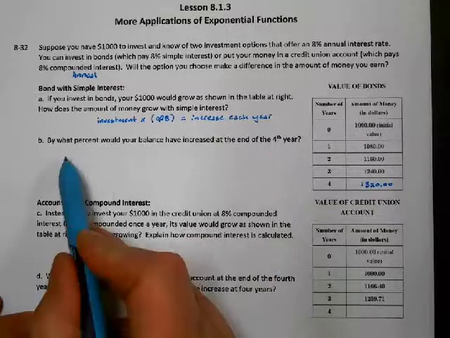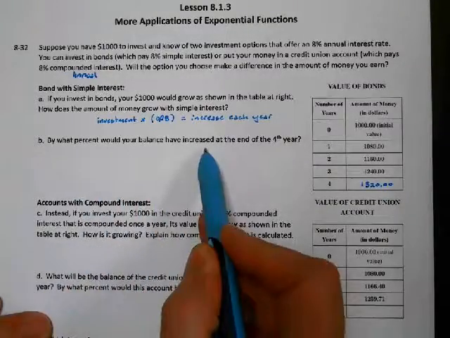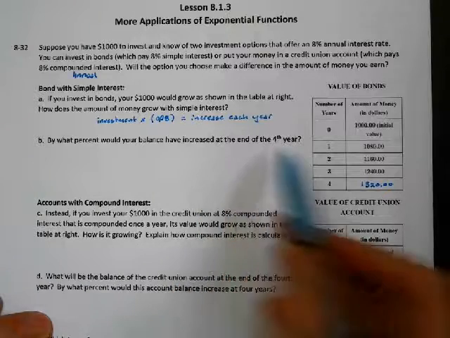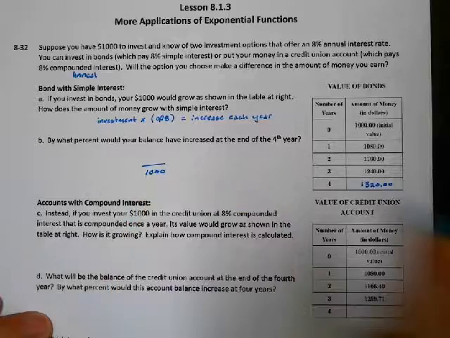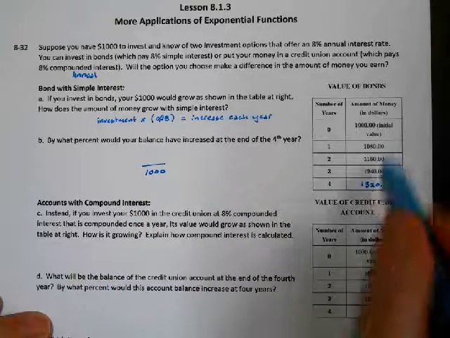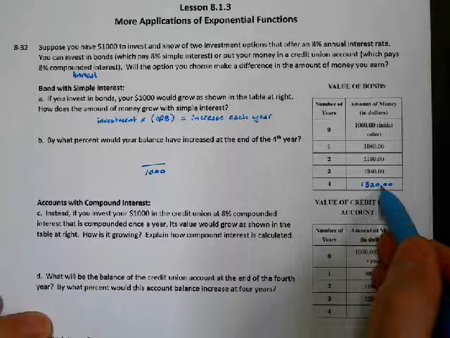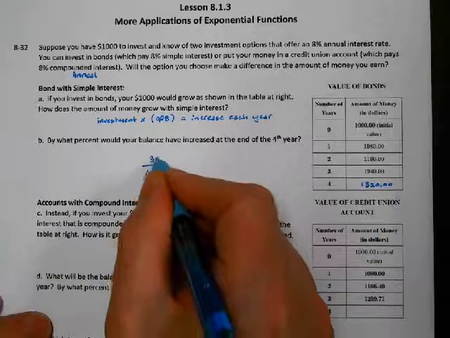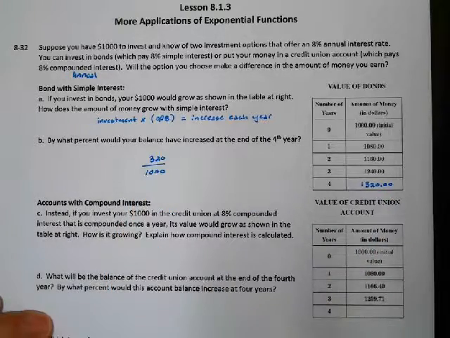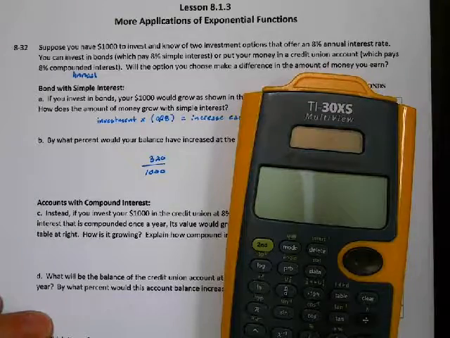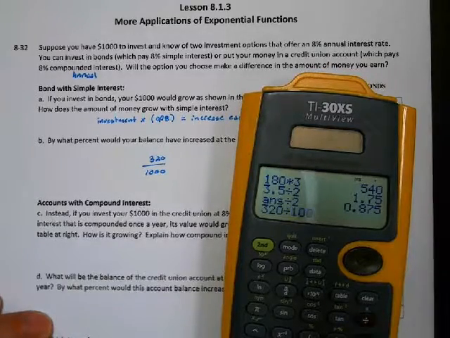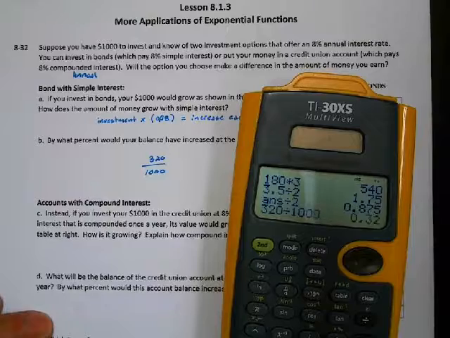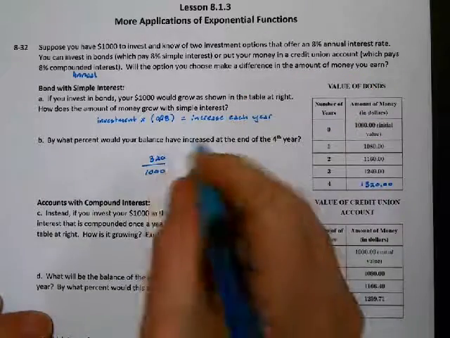So this says, what percent would your balance have increased by at the end of the fourth year? Well, we started with 1,000, and by the end of the fourth year, our increase is $320. So what's 320 out of 1,000? 320 divided by 1,000 is 32%.